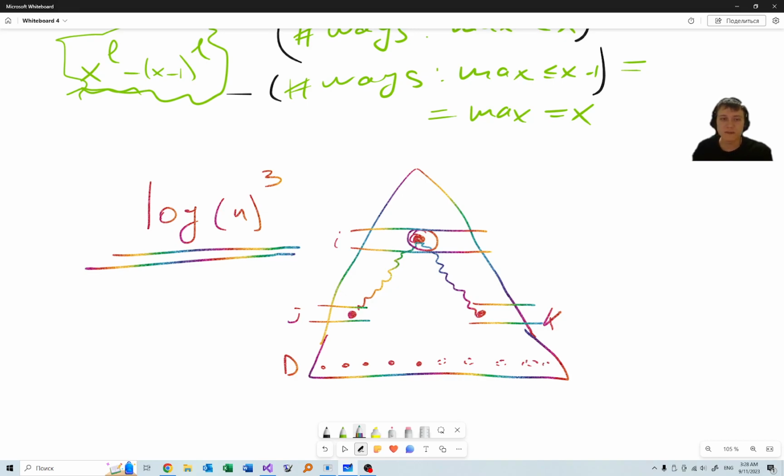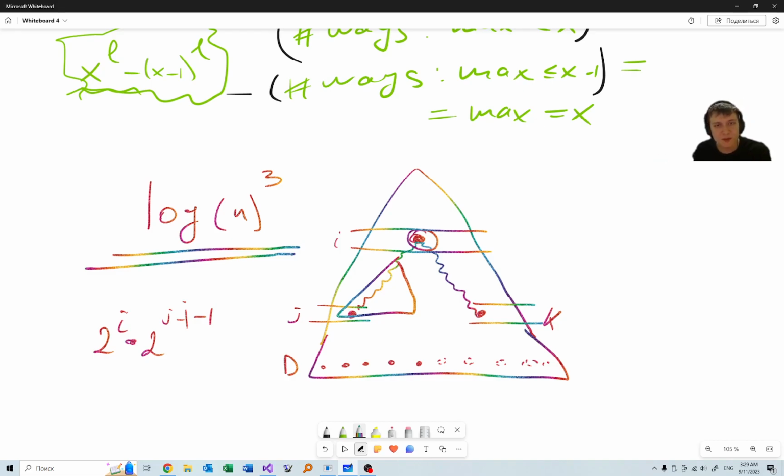So if all these numbers are less than D, then this is easy, because you just need to choose the i-th vertex in the i-th layer, and there are like 2 to the i ways to choose it. After that, you need to choose a vertex in the j-th layer, and there are 2 to the power of j minus i ways to choose it in this subtree, but minus 1 because you need j in the left subtree and not in the whole subtree.